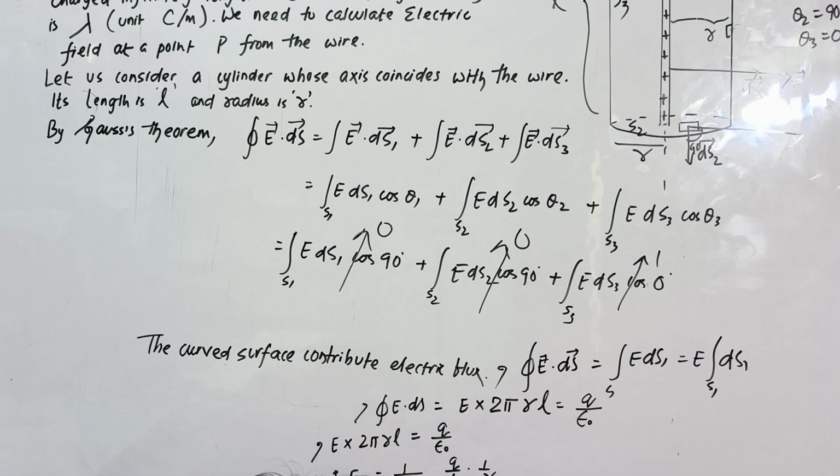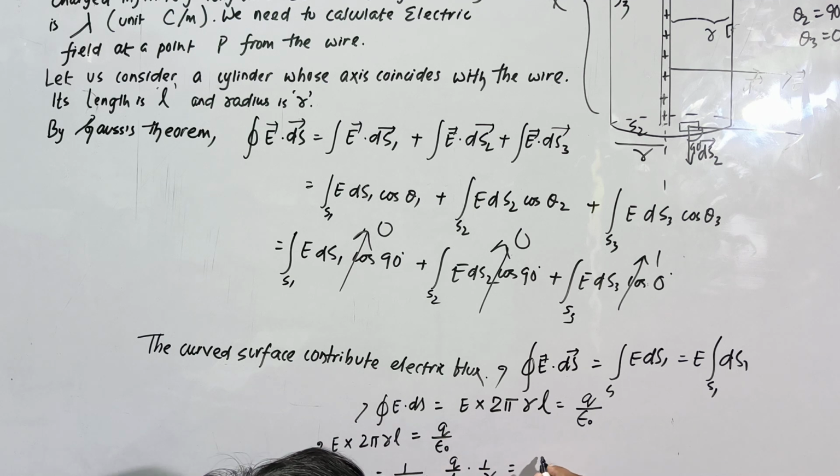As you know, q by l is your linear charge density, that is lambda. So you can replace q by l with lambda: E is 1 by 2 pi epsilon naught, lambda by r.